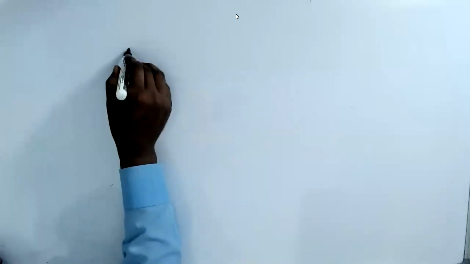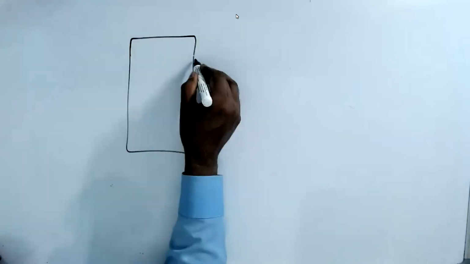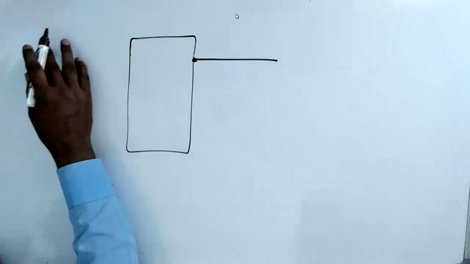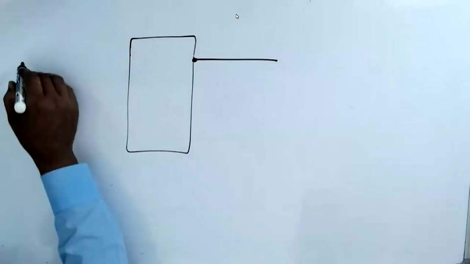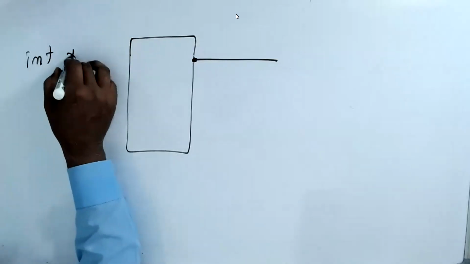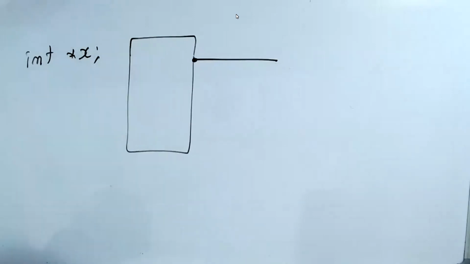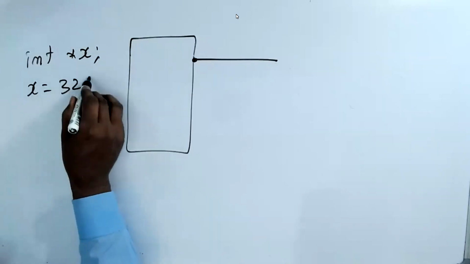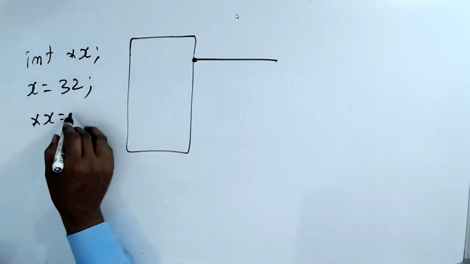Let us take only one pin. This pin I can control through the software. I'm controlling through the software: int *x; x = 32; *x = 1.